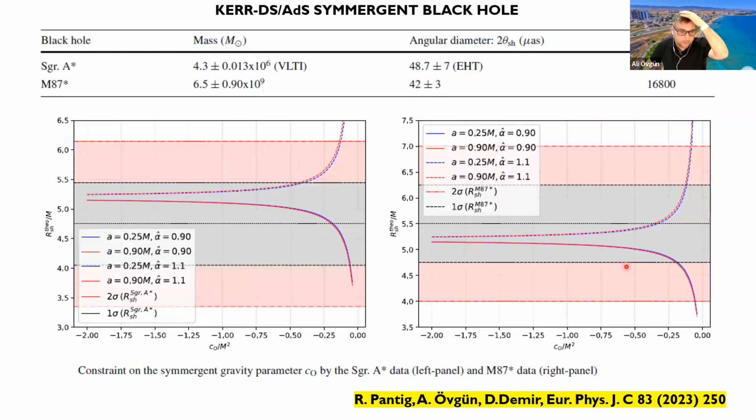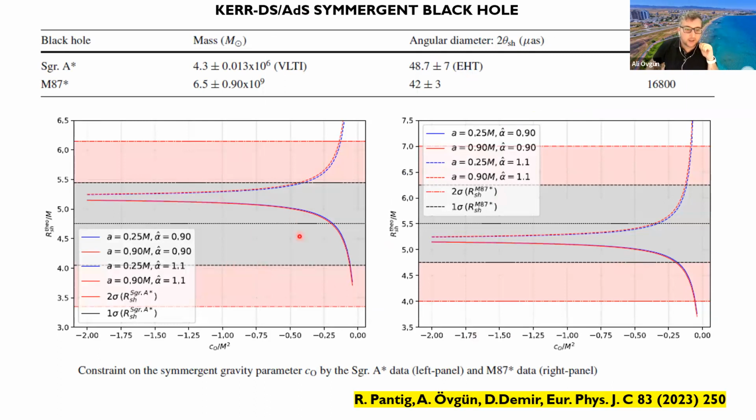Again, if we compare our result with the M87 and Sagittarius A observations, based on this figure we conclude that the parameters we used in describing the shadow cast fall within the upper and lower bound at the 1 sigma level.